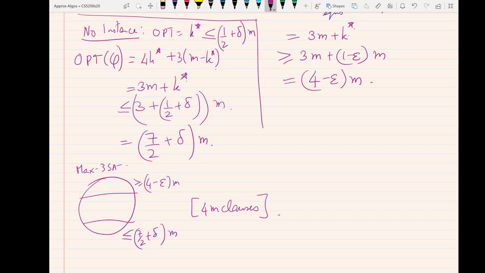Now what does this give us a gap of? The hardness of approximation result, because we have shown a reduction from some NP-hard problem, is the following.